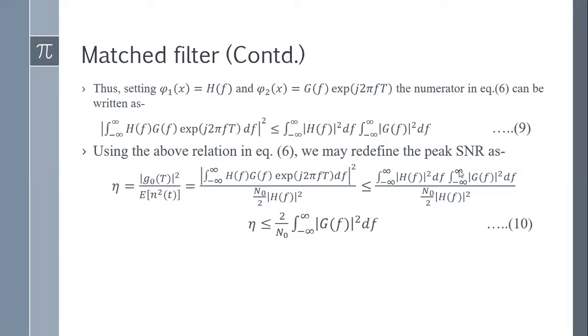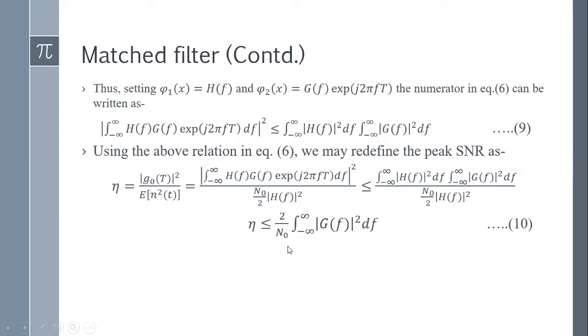Since we are taking only the amplitude portion of the signal, we have excluded the exponential part. Now exponential j2 pi f t will give the sinusoidal portion, and I am only taking the amplitude portion. The amplitude portion gives us the power. That's why I have not taken the j2 pi f t. I have taken only the magnitude part, not the phase one.